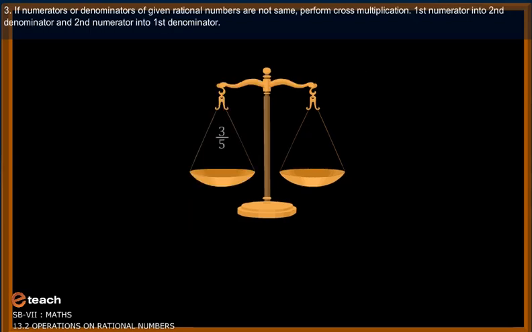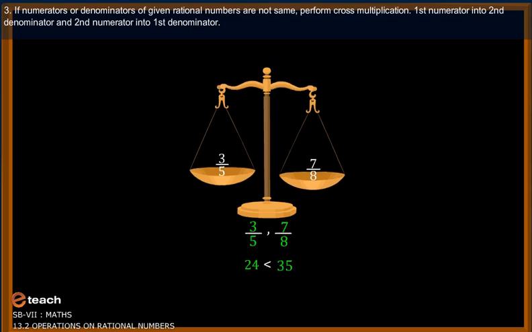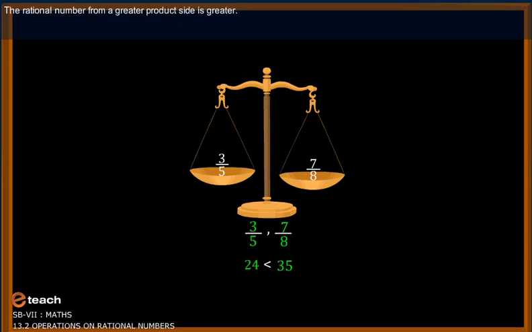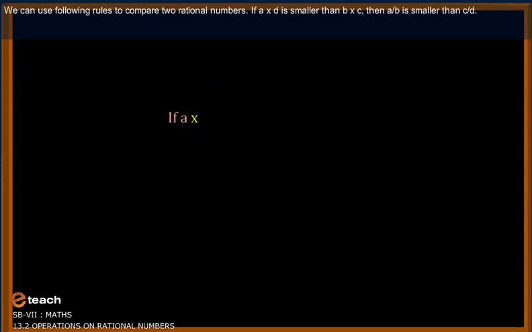Third, if numerators or denominators of given rational numbers are not same, perform cross multiplication. First numerator into second denominator and second numerator into first denominator. The rational number from a greater product side is greater. We can use the following rules to compare two rational numbers.